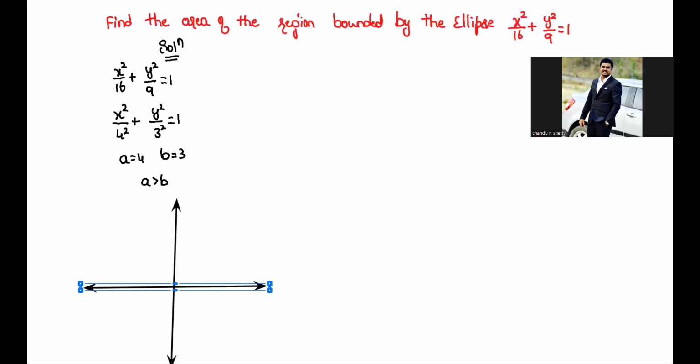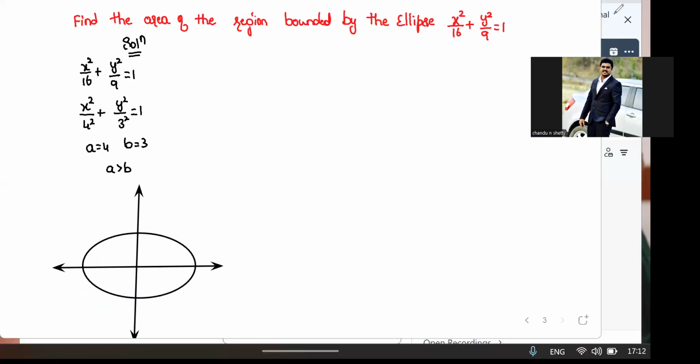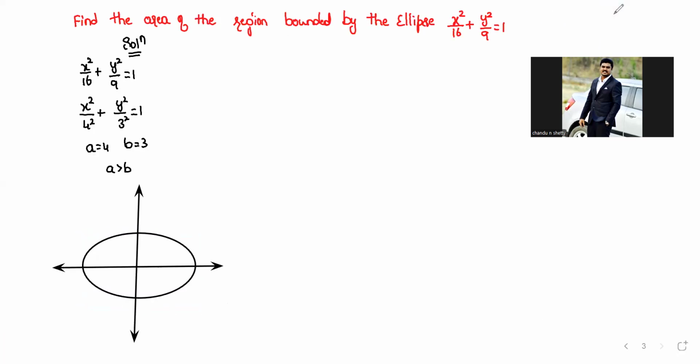Now shade one piece of this ellipse. I have shaded the first quadrant of this ellipse.